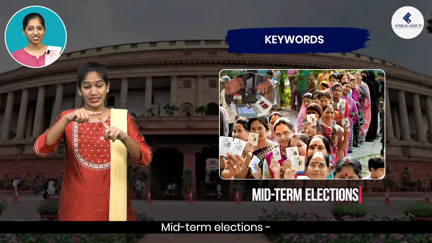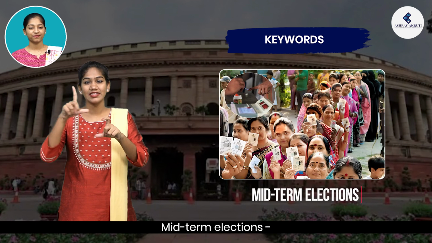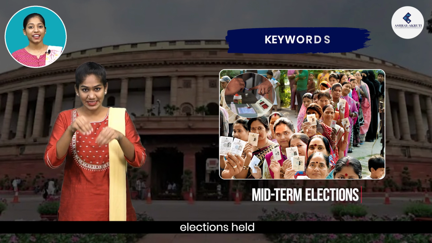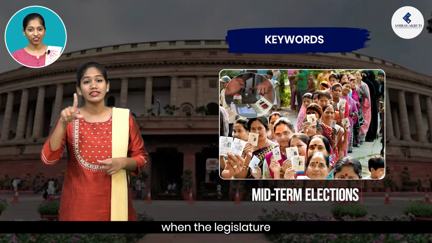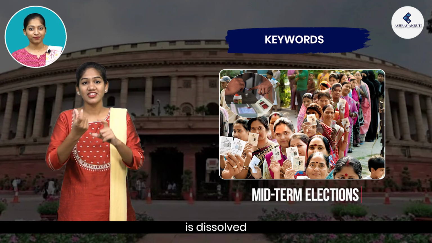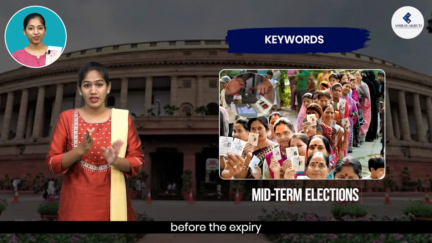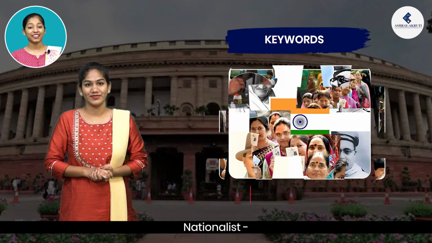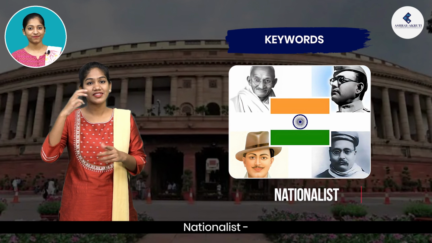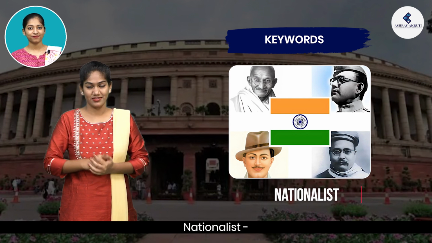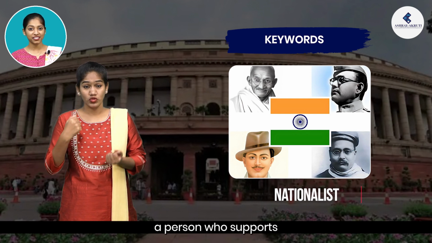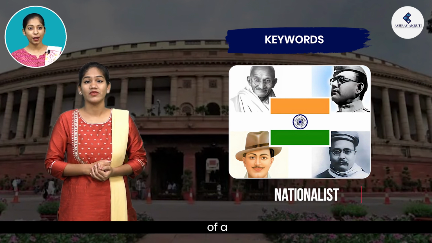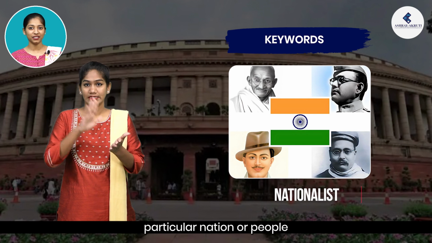Midterm elections: elections held when the legislature is dissolved before the expiry of its full term. Nationalist: a person who supports the political independence of a particular nation or people.